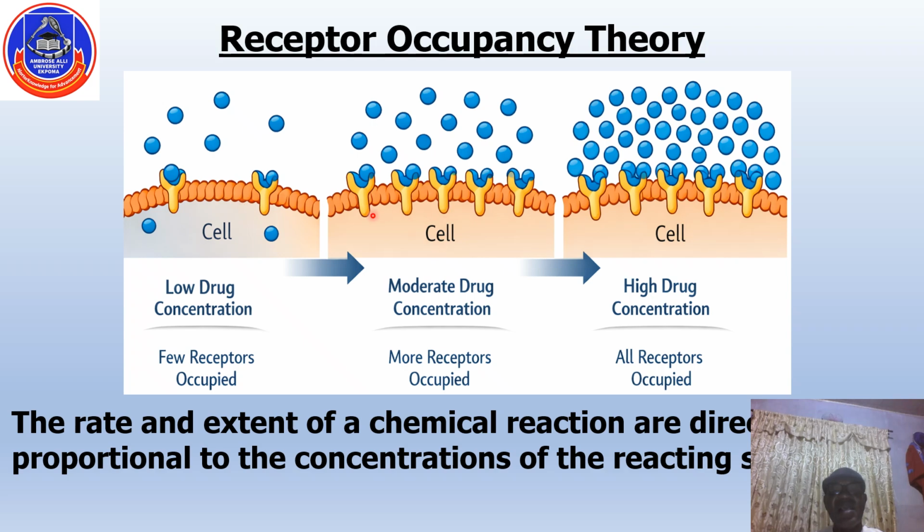Now here, you see that the drug concentration has increased, and of course, the receptors have also increased. So you have more drug occupying the drug site compared to the third one, which is a very high concentration, where all the receptors of the drug are already occupied.